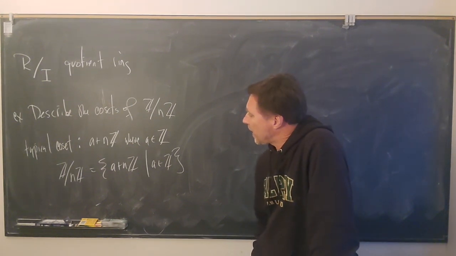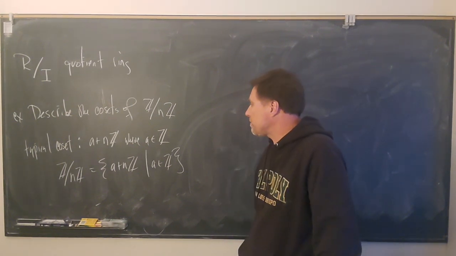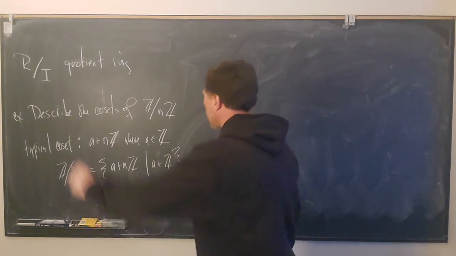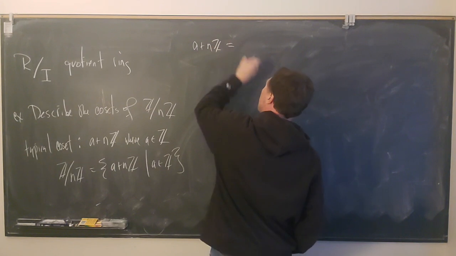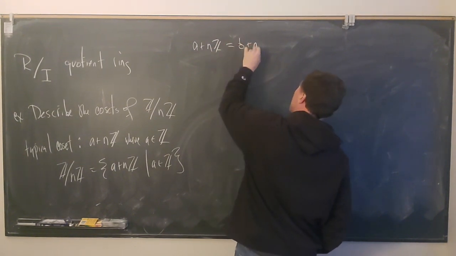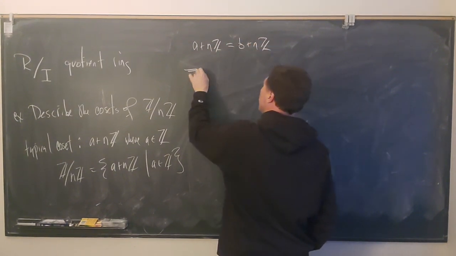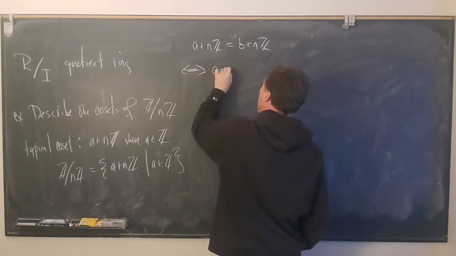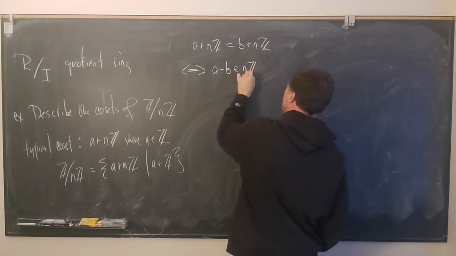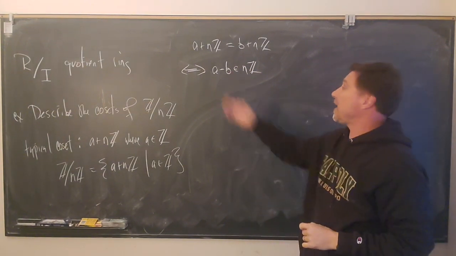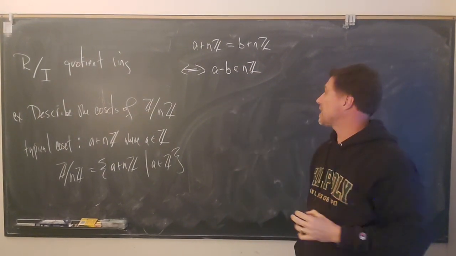So remember, what does it mean for two cosets to be equal? Well, a plus nZ is equal to b plus nZ if and only if the difference a minus b is an element of nZ. In other words, their difference has to be a multiple of n.